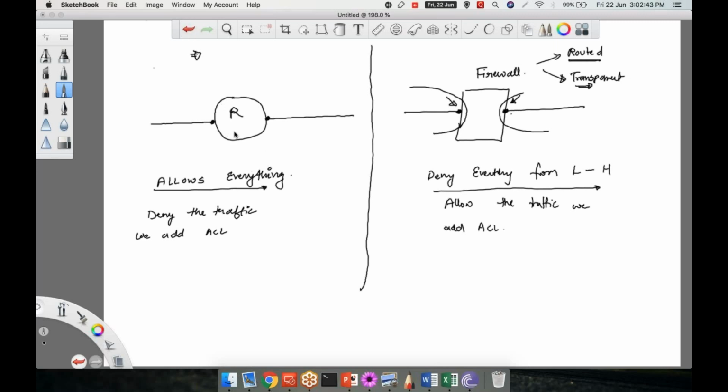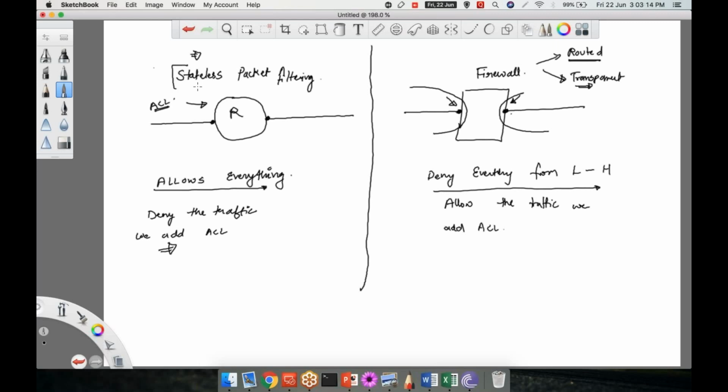At that particular moment, when we had to block certain kinds of traffic, we used to write an access list. And that type of firewalling on the routers is called stateless packet filtering. So do remember that whenever we talk about an ACL on the routers, we are saying that it's stateless packet filtering that we are doing.